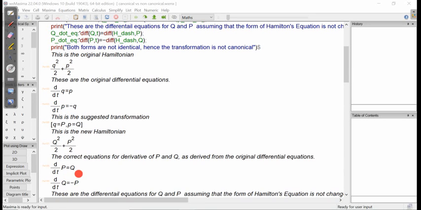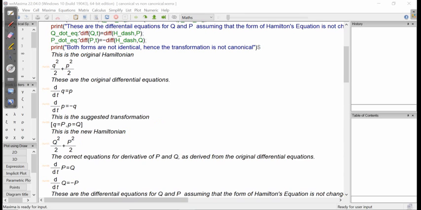Suppose now that you try to get both equations from this Hamiltonian. For example, try to get partial h by partial p capital. Partial h by partial p capital will be simply p.